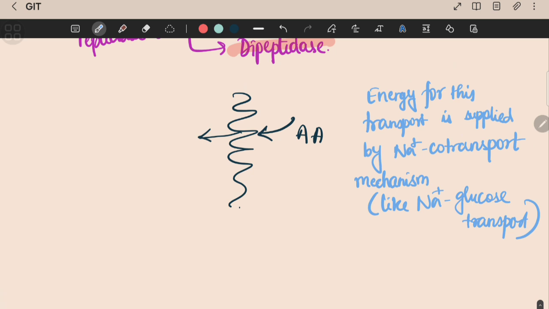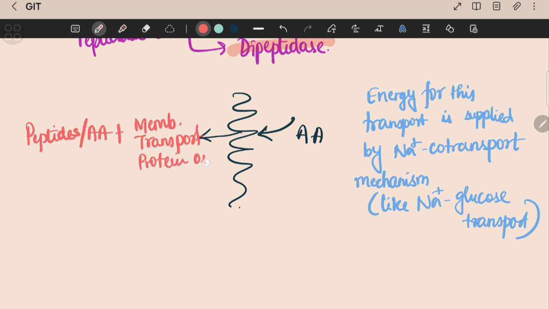These peptides or amino acids will bind with a particular receptor on the microvilli, and there will be a membrane specific transport protein that will require sodium for action. So there are membrane transport proteins on the microvilli, and there will be attachment. They require sodium binding, so sodium binding is required at this level.